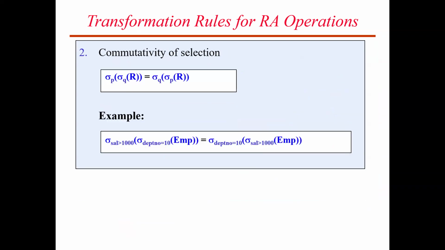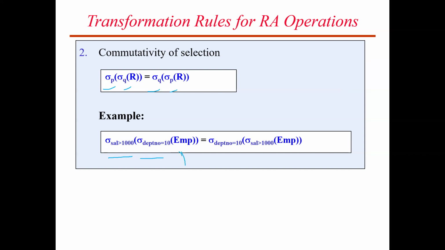The second law is the commutative law. If you want to select conditions P and Q from R, it is equal to selecting Q first, then P from R. For example, you are trying to select salary greater than 10,000 and the department. How will this be executed? Whenever you have an algebraic query expression, you start executing from the innermost part.